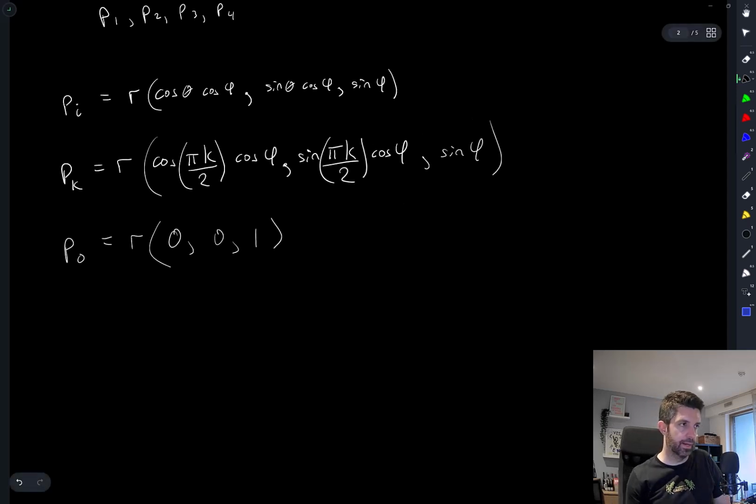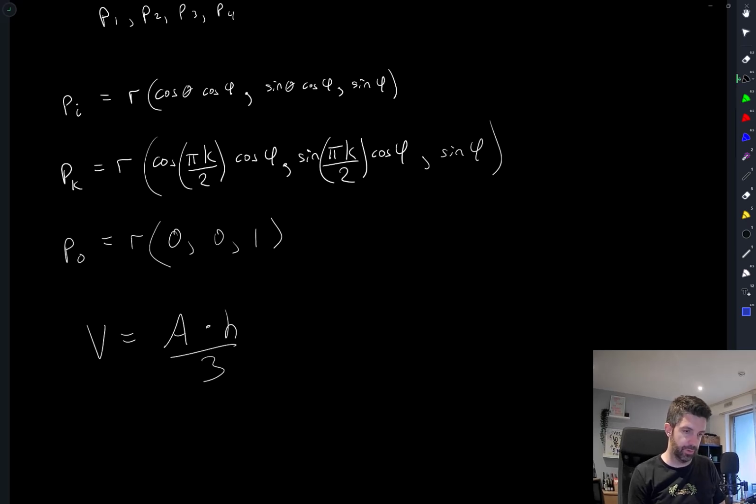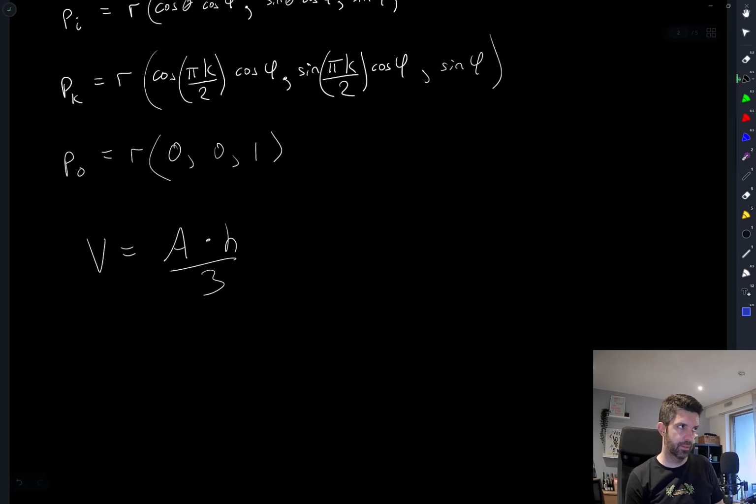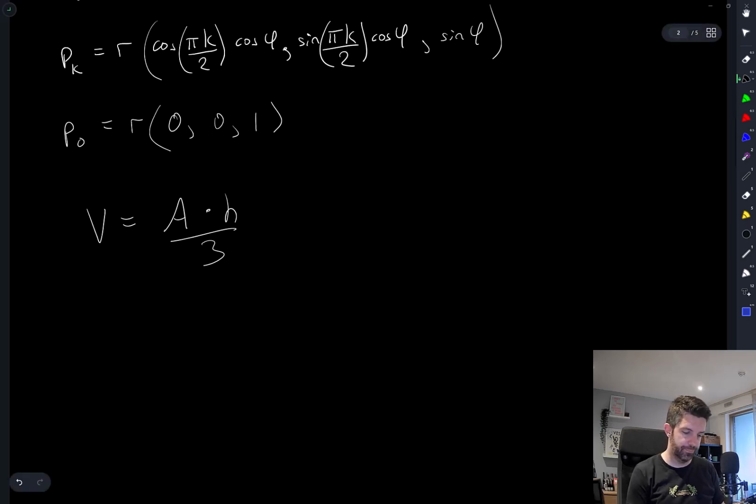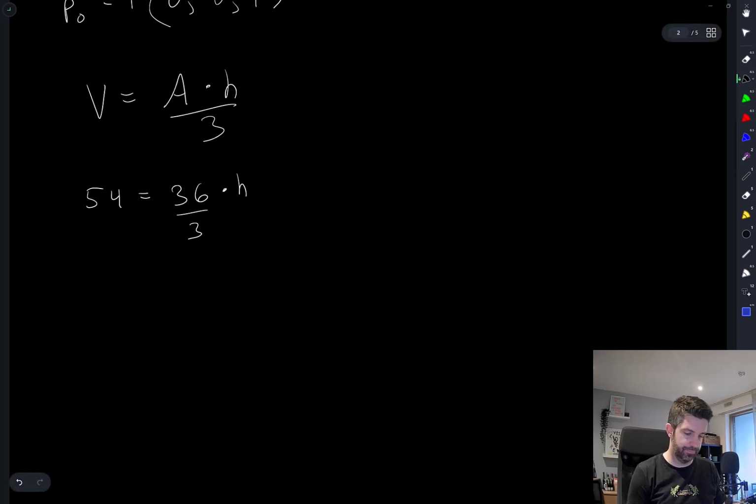Now the volume is equal to the area of the base times the height divided by 3. That's true of any pyramid or cone type shape. So I know that 54 is the volume we're given. The area of the base is 6 squared, so 36 times h, let's rewrite this as 36 over 3.